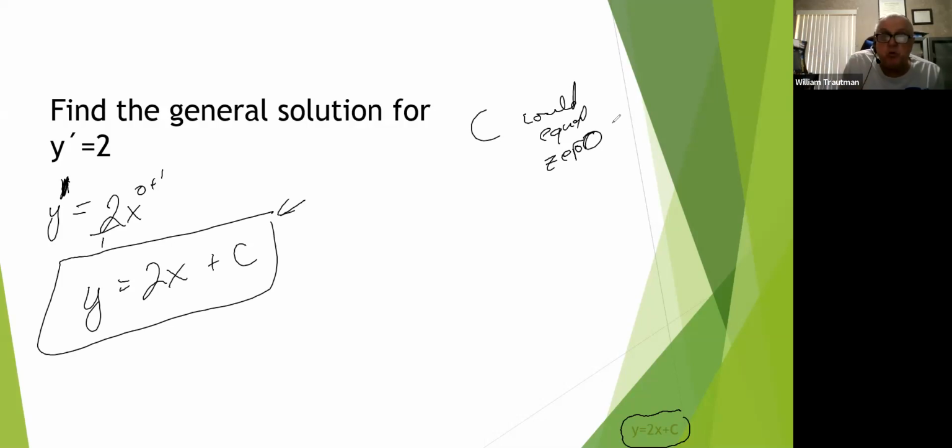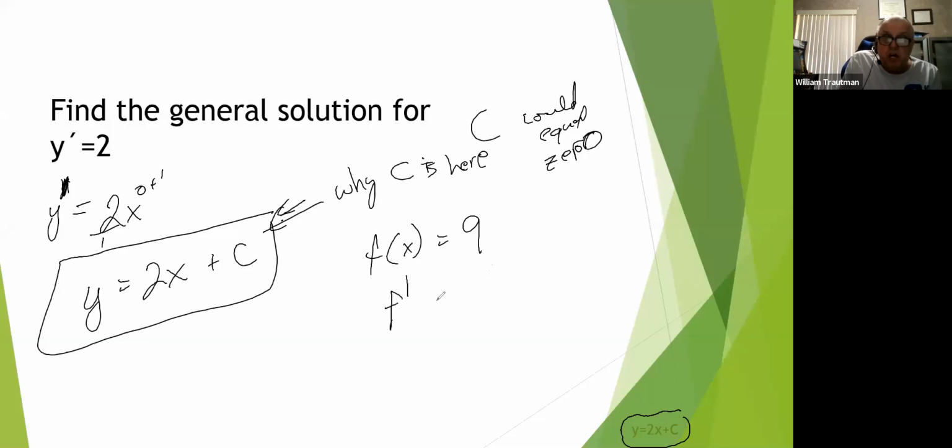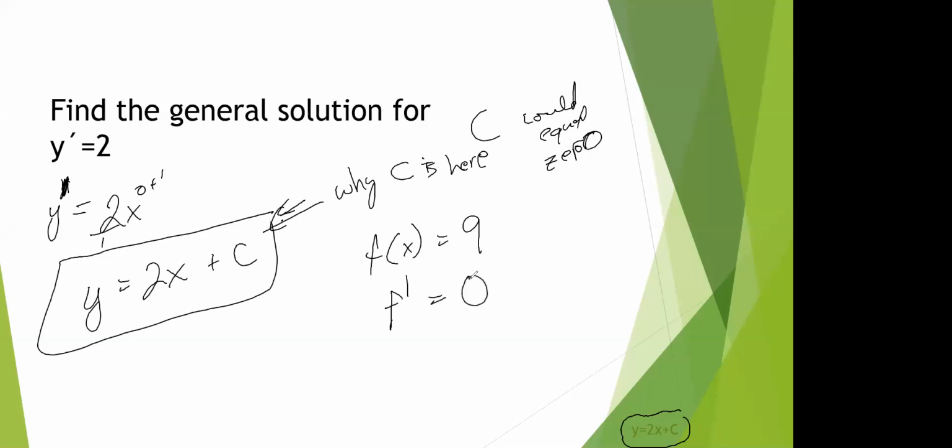Let me show you the reason why c is here. Why do we add c when we integrate? If I have the function y equals 9, what's the derivative of y equals 9? 0, right.